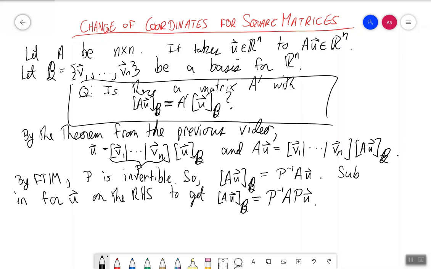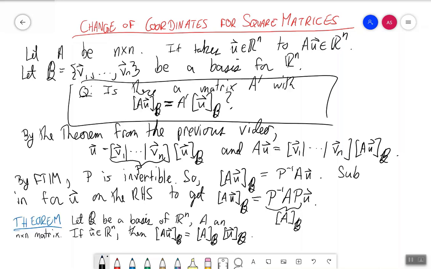This brings us to our definition. This matrix right here, the notation is not in the book, I don't think, but this is what I'm using, I'm going to call it brackets A sub B. It is the matrix of A with respect to the basis B. So what we've just shown is the following theorem.